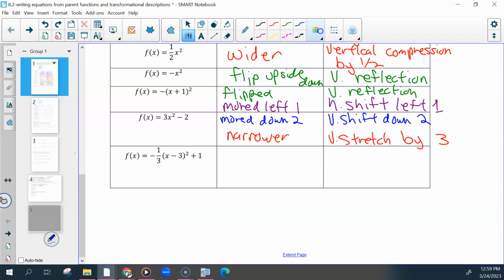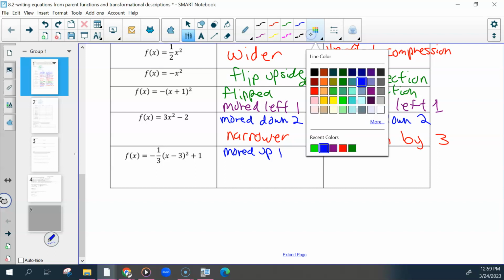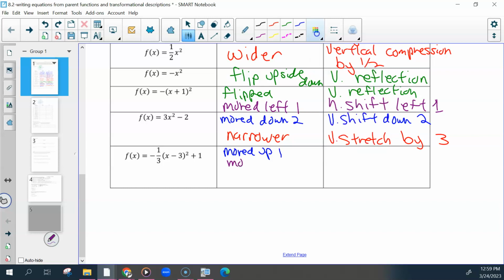Then look at the next one. Find what changed. So yeah, it does do that. So it does also do that.